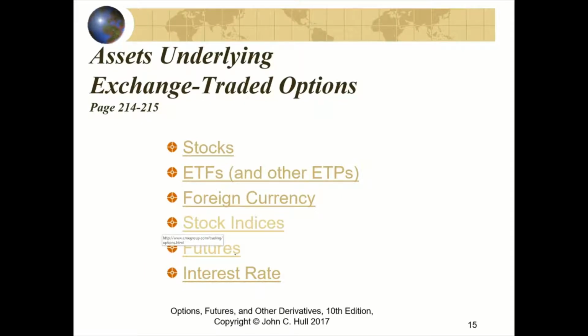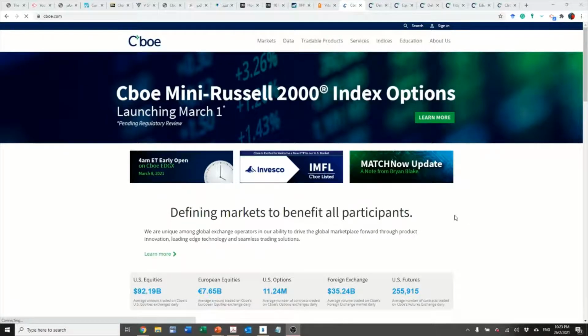Now, the major market that trades options on stocks is the Chicago Board Option Exchange. The Chicago Board Option Exchange, or the CBOE, is the largest exchange that trades options. And you will see that there are a variety of options introduced in the CBOE.